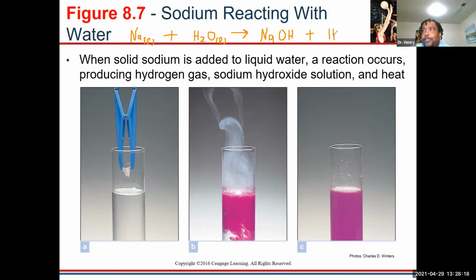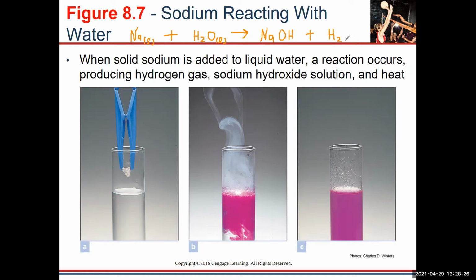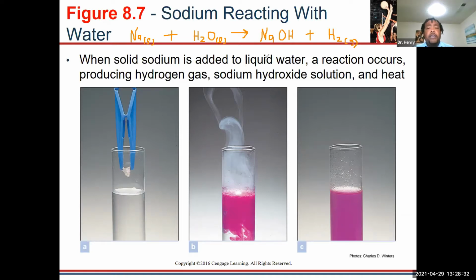That's right, H2. Good job. You remembered that it was diatomic. So is that a solid, liquid, or gas? Gas. And that sodium hydroxide is a solution. So anytime that you see a solution, that basically means that it's going to be in water, unless they tell you otherwise. So then you would put aqueous for being in water.